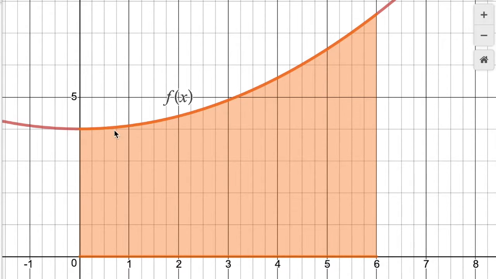So I'm going to draw rectangles that have the same width. There are other partitions, but what we're going to primarily look at is regular partitions where all of the widths are the same.